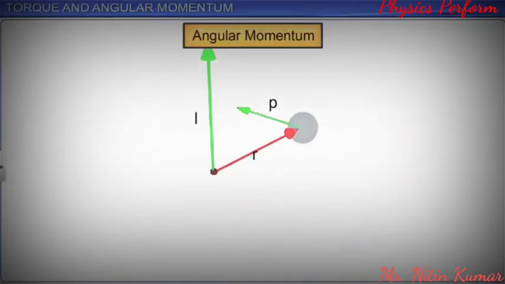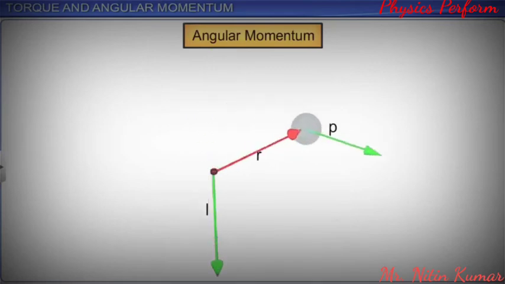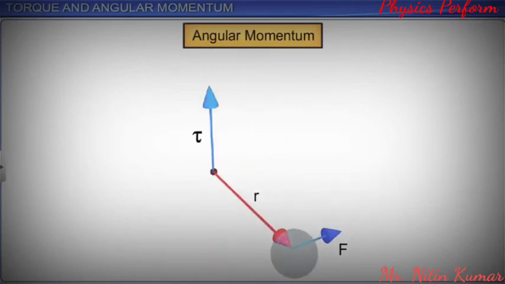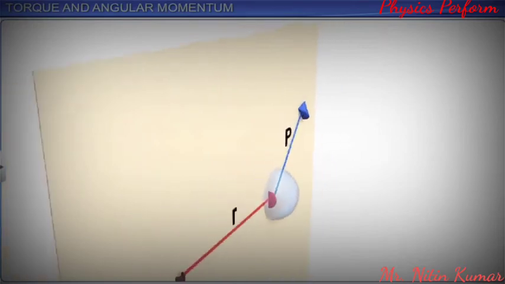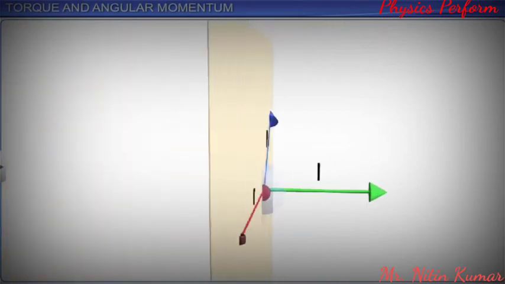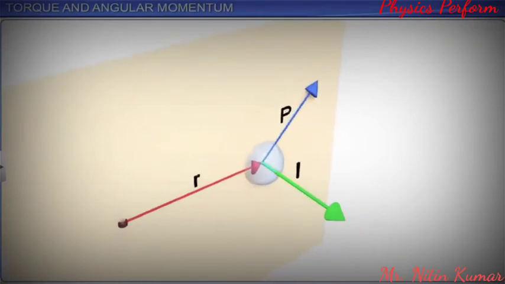Now, let us study angular momentum. If R represents the position vector of a particle of mass m and linear momentum p, then the angular momentum of the particle about the origin is defined as the cross product of R and p.